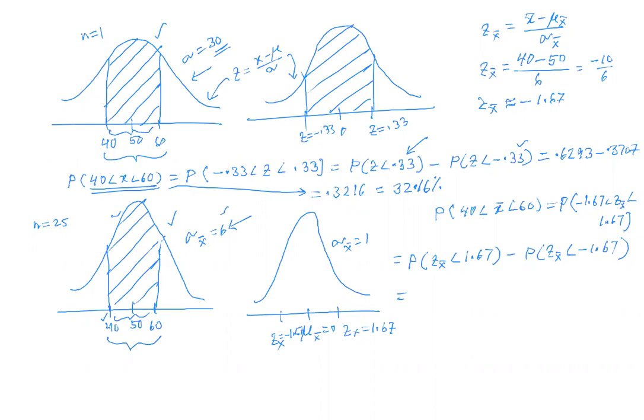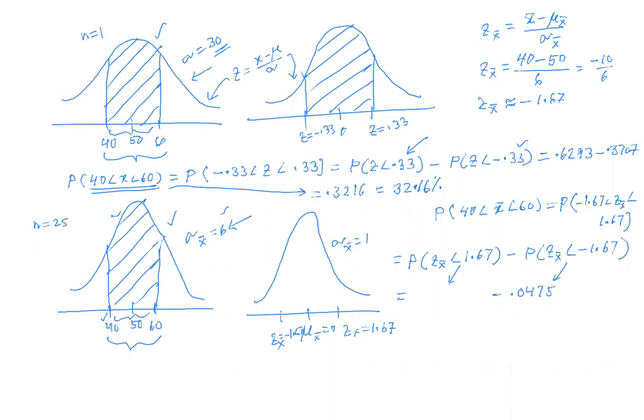Anybody else? 0.0475, that's for the negative one probably. Negative 1.67, yes, you're right. That's for the negative one, sure. So somebody got 0.0475 for this one.